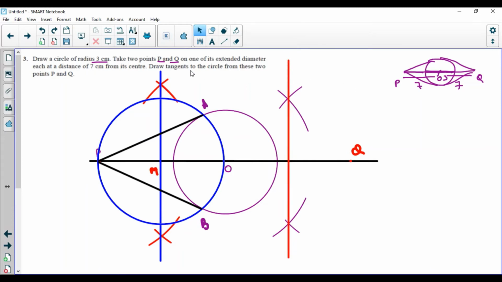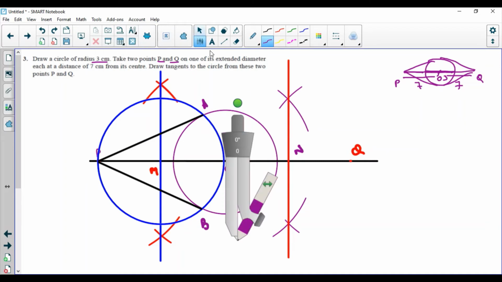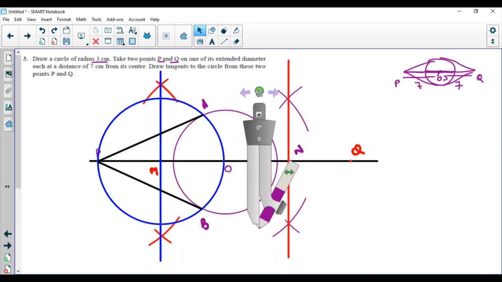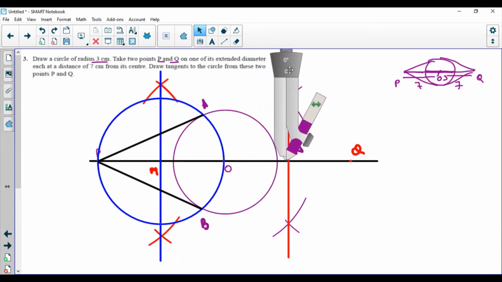So let this bisector meet at point N, because already we have taken one variable M. Okay, this point is N. Now taking N as center and NQ as radius, we will draw one circle.